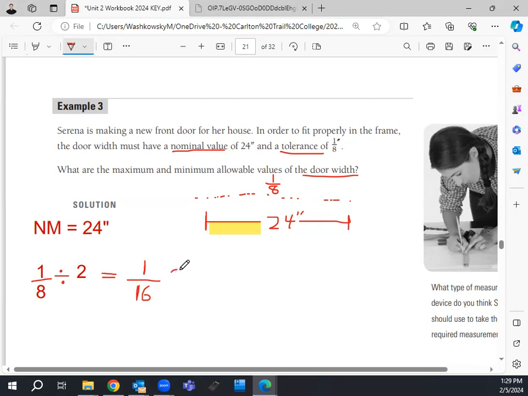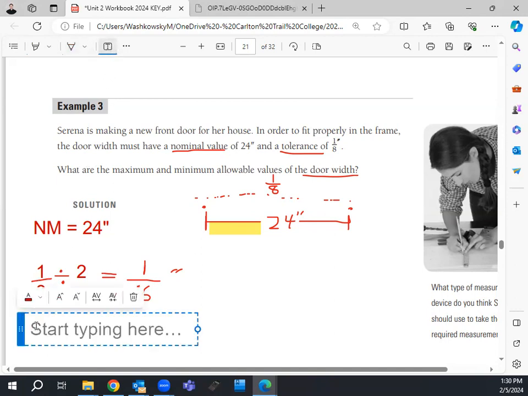of an inch. So basically what this means is that our tolerance is 1/8, or I can go 1/16 of an inch smaller or wider. So how can I find these two values then? Well, can't I just take this 24? If I want to find the widest, I can take this 24, this middle value, and add on that 1/16, right? So my maximum is the nominal value, I'm going to put NM, we'll get used to that.